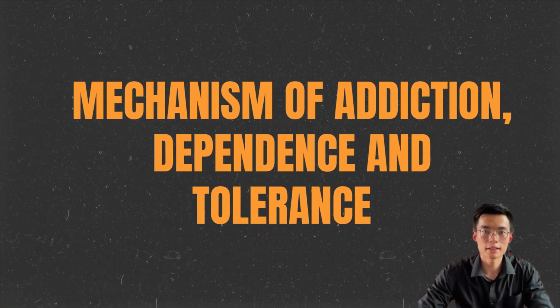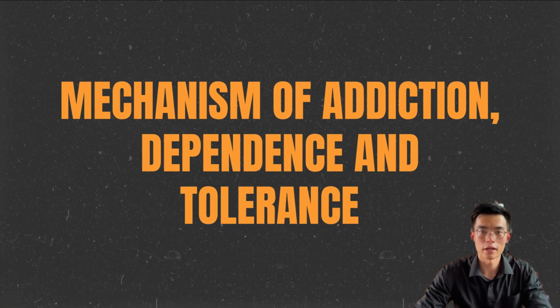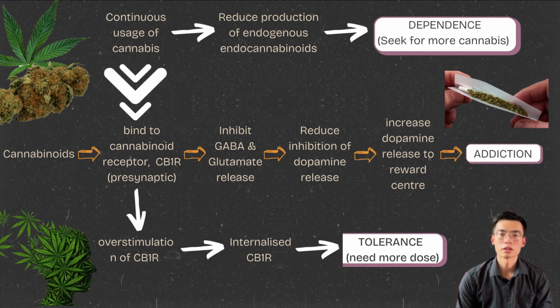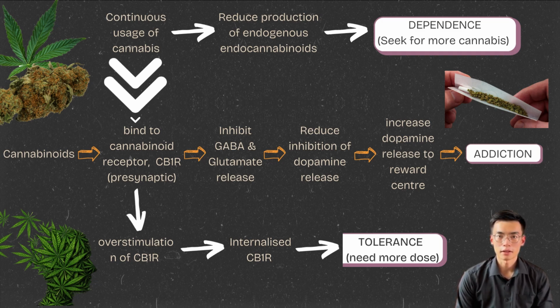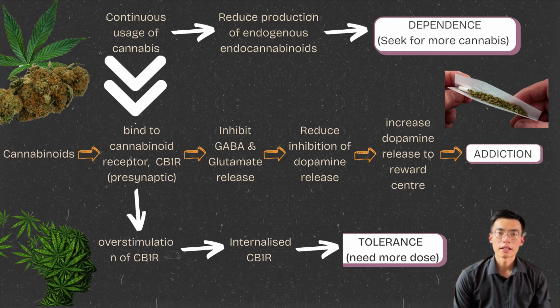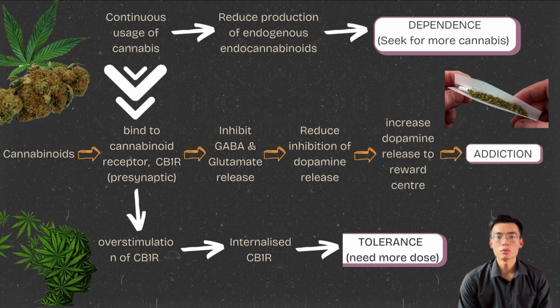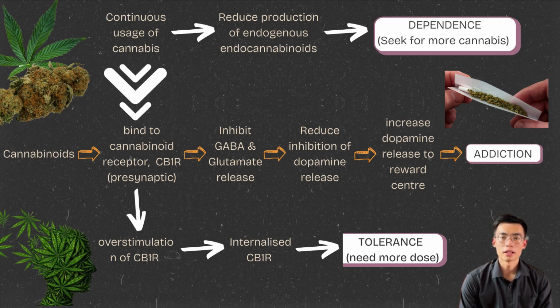Talk about the mechanism of addiction, tolerance, and dependence. Cannabinoids will bind to the cannabinoid receptor, which is known as CB1R. These are located at the presynaptic neuron, where we can find GABA and glutamate neurons. This will reduce the release of GABA and glutamate, which leads to an increase in dopamine release.